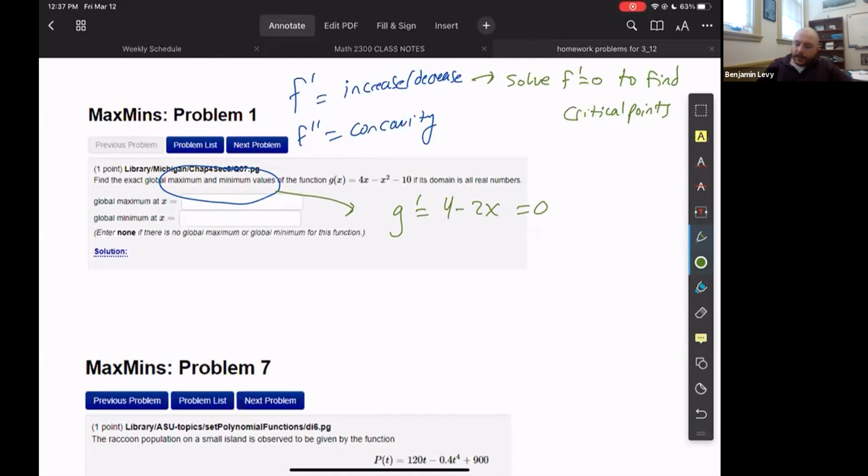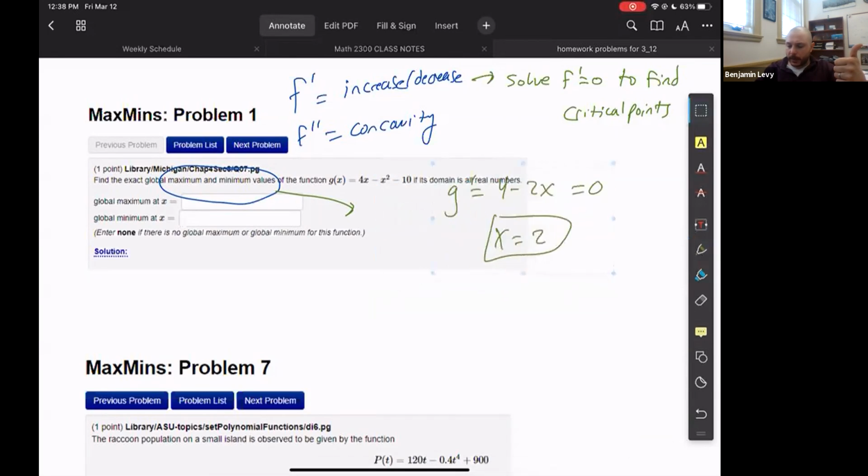When we set that equal to 0 and solve, let me double check the chat. Okay, I've got the chat open too. When we set that equal to 0 and solve, it's easy: we get x equals 2. It's an x squared kind of thing, so there's only going to be one critical point. Then we just want to classify that critical point.